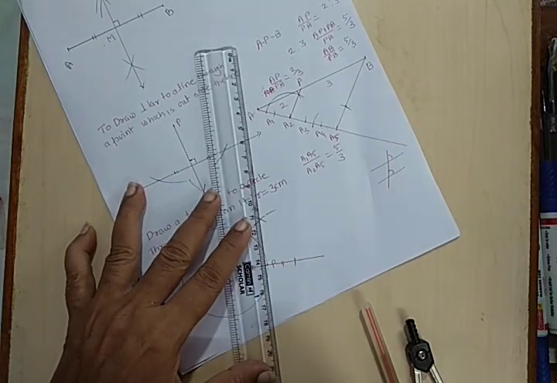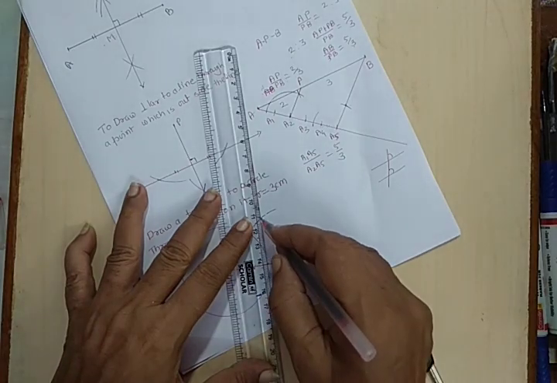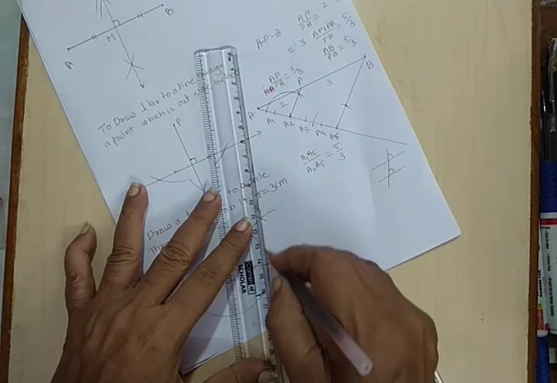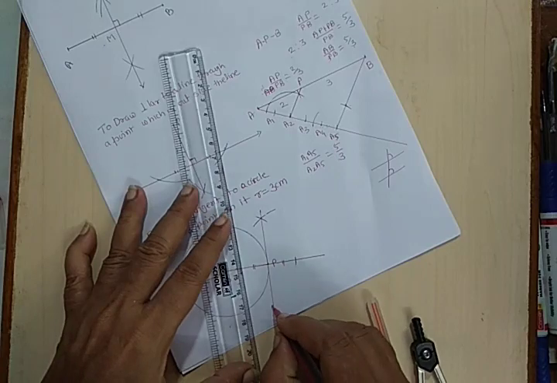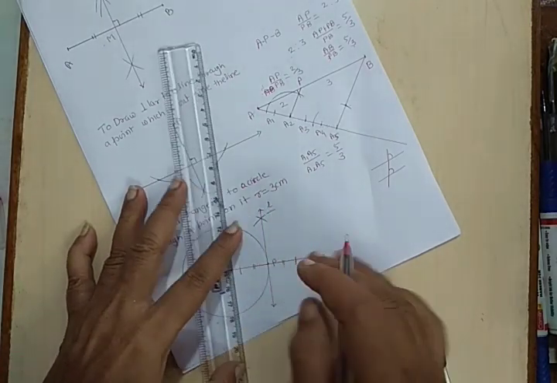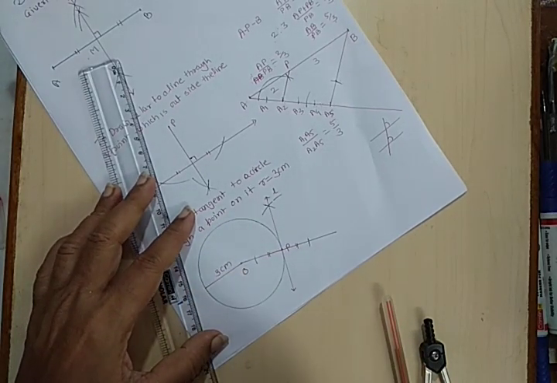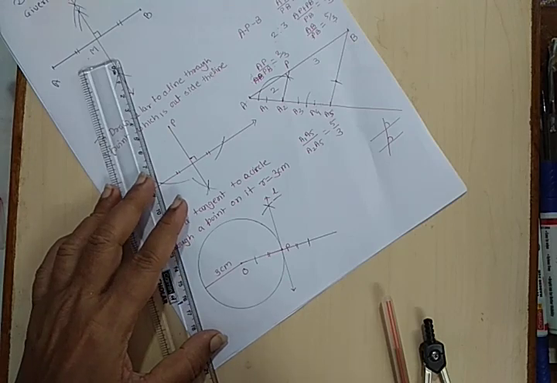So 2 points define a line, therefore it is sufficient. This line L will be tangent to the circle with center O through P and radius 3 centimeter. This is your answer.